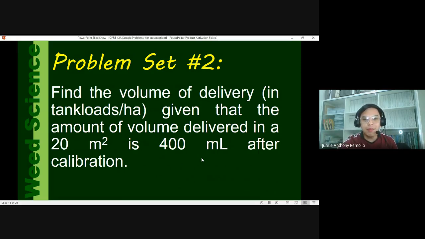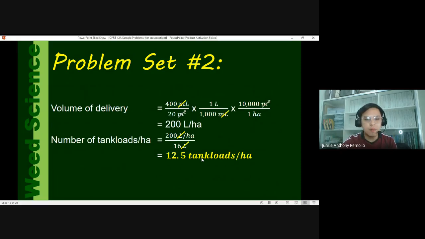Find the volume of delivery in tank loads per hectare, given that the amount of volume delivered in a 20 square meter area is 400 ml, or milliliters, after calibration. In order to compute for the values needed, we need to compute first for the volume of delivery.